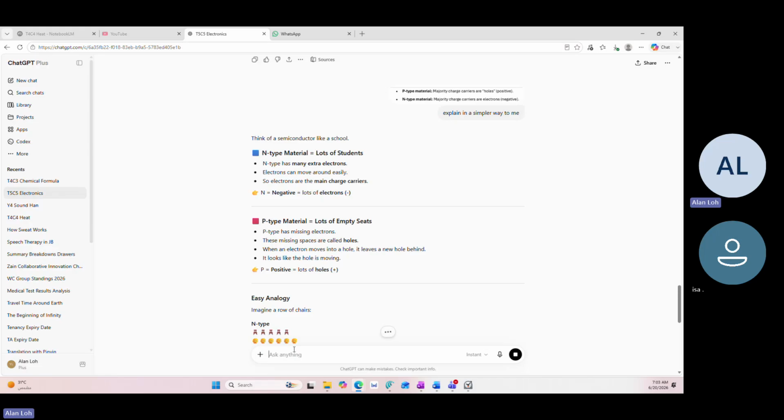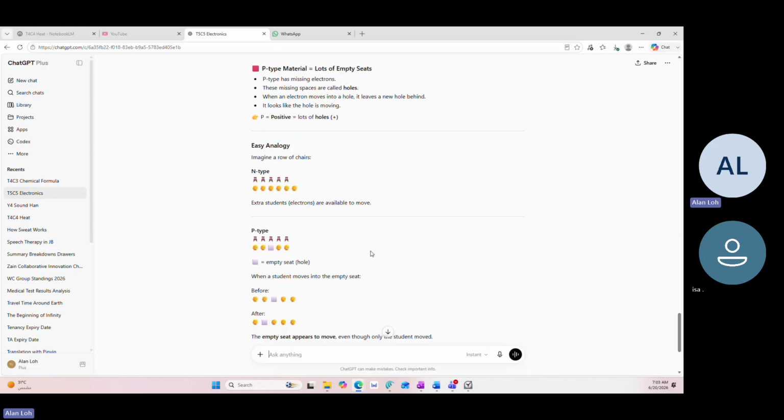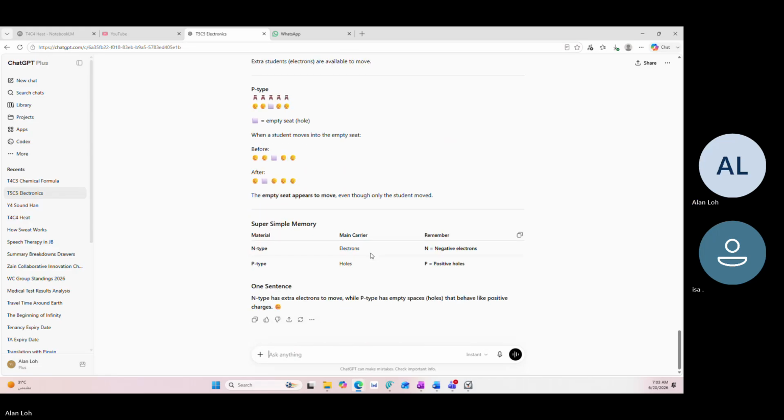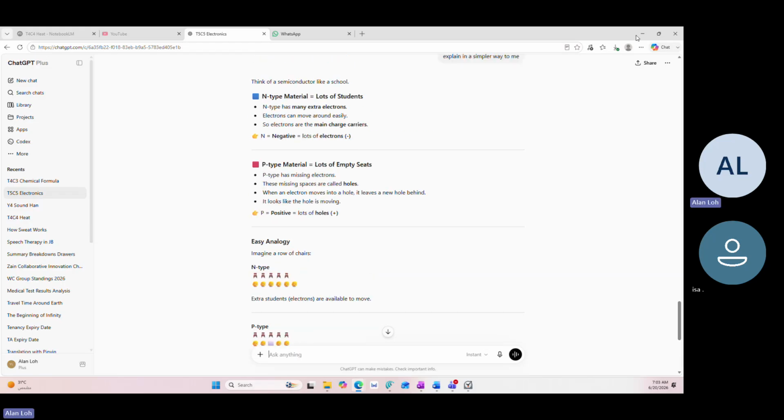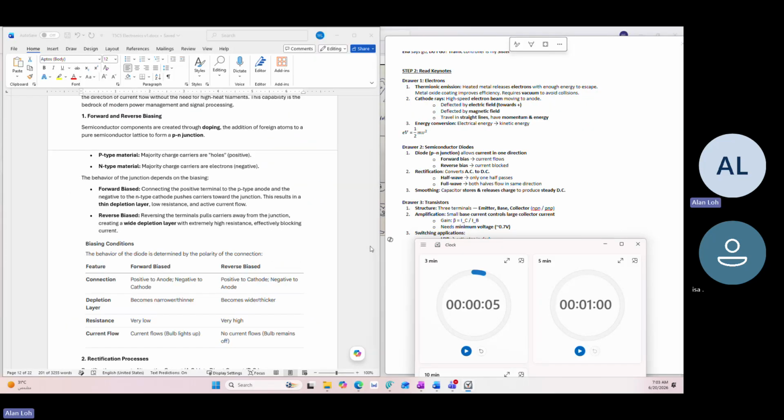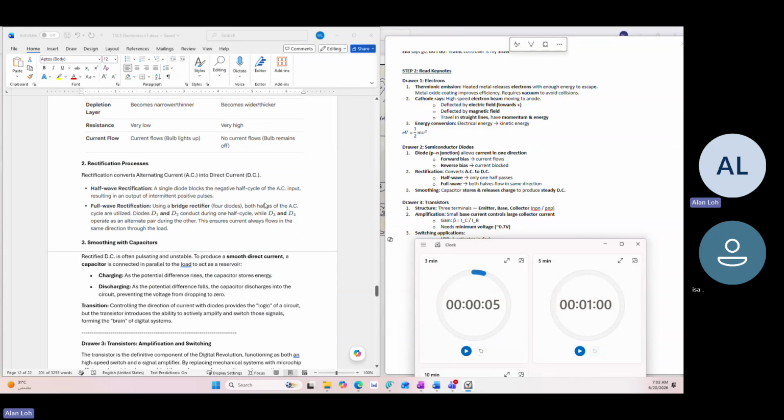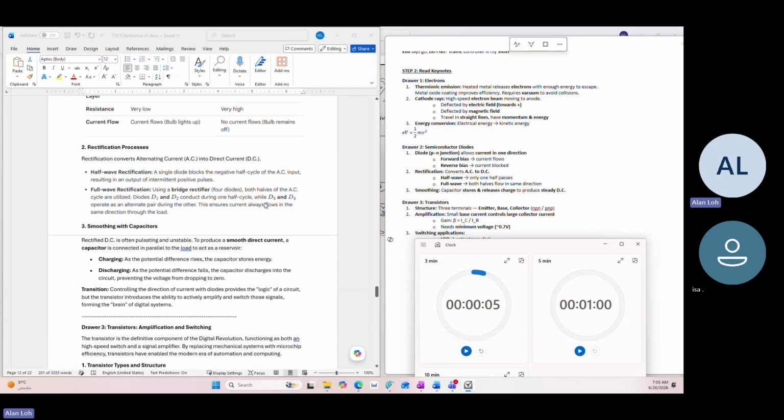Then it will give you all the explanation as simple as possible for you to understand, right? So this is just another way for you to understand if there's any particular part in my notes, or for any reading materials that you are reading. You can just ask the ChatGPT, right? Just like he or she is your friend and an expert who knows everything.